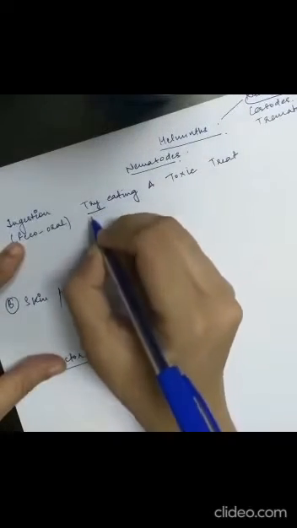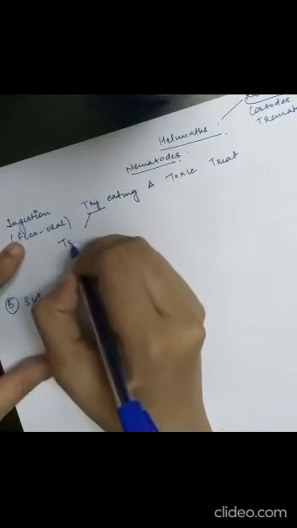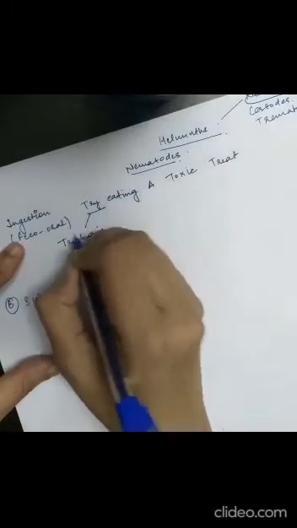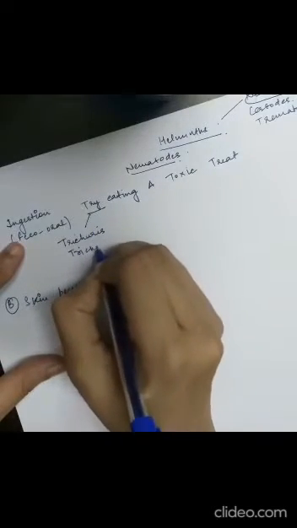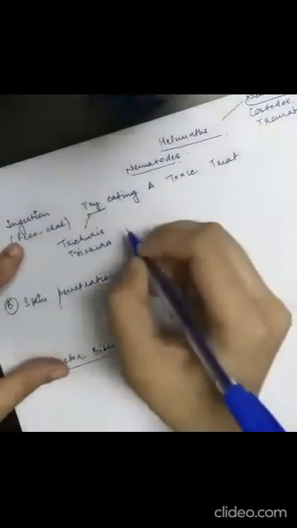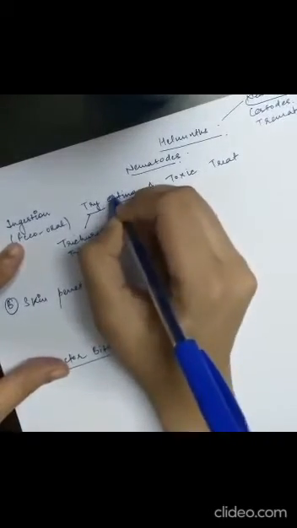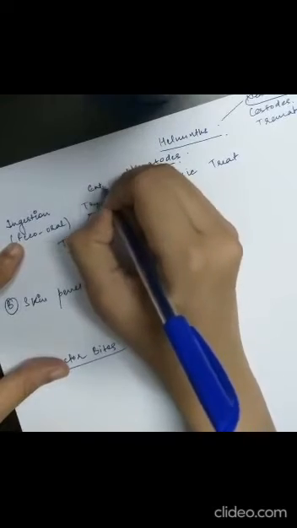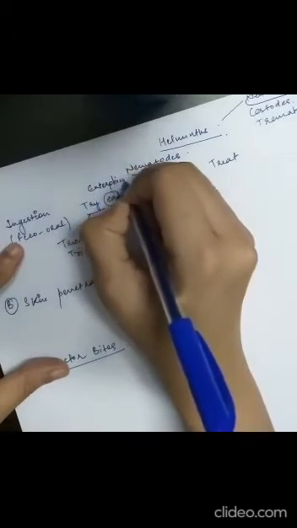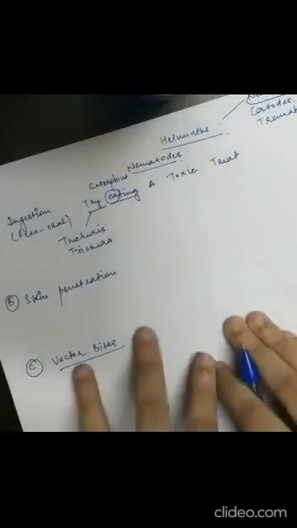Okay, so try stands for Trichuris, Trichura. Eating stands for E, Enterobius.